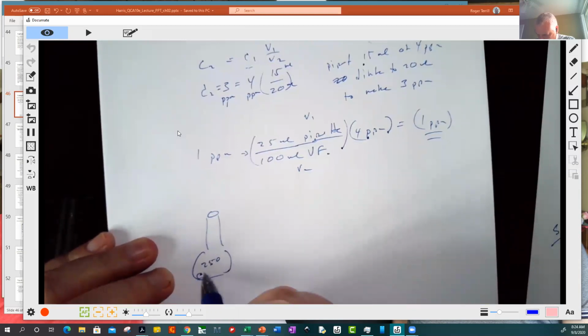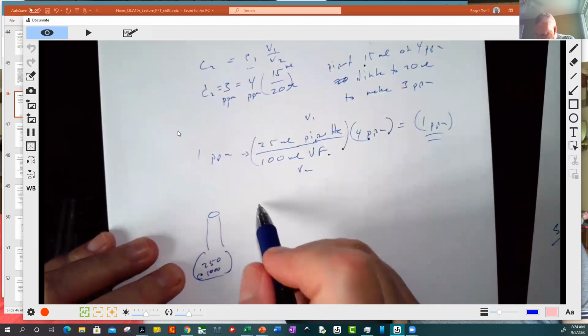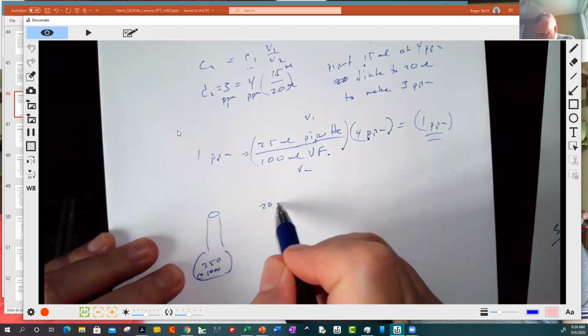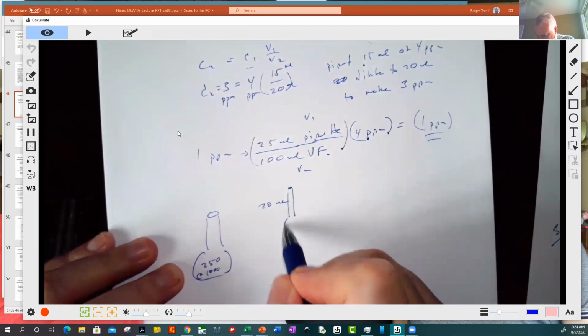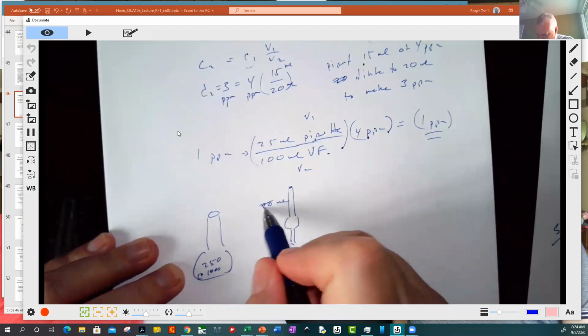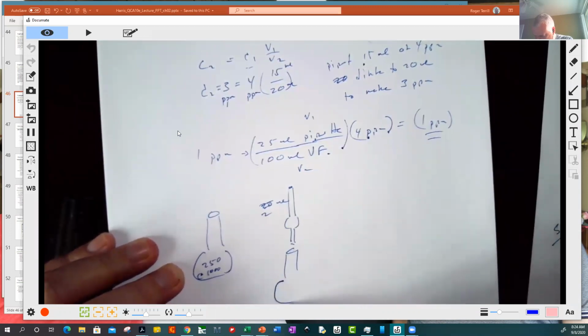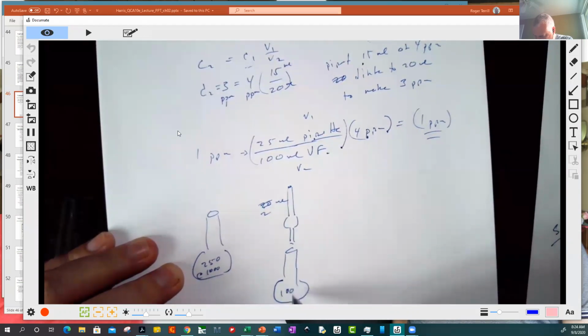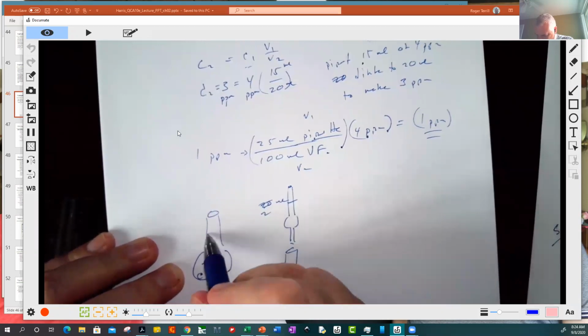So the overall experimental procedure is going to look like we have 250 at 1,000. And we're going to take 2 mLs of that, and we're going to dilute that to 100 mLs. These are both volumetric flasks, right?